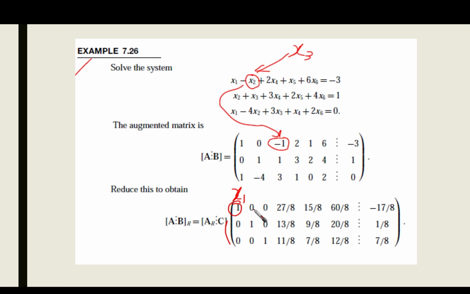We have x1, x2, x3, and we have x4, x5, x6, right? This means that x4, x5, x6 are going to be the independent, free parameters, free variables, and the other x1, x2, and x3 are going to be dependent on them, as we have mentioned in the previous videos, right?